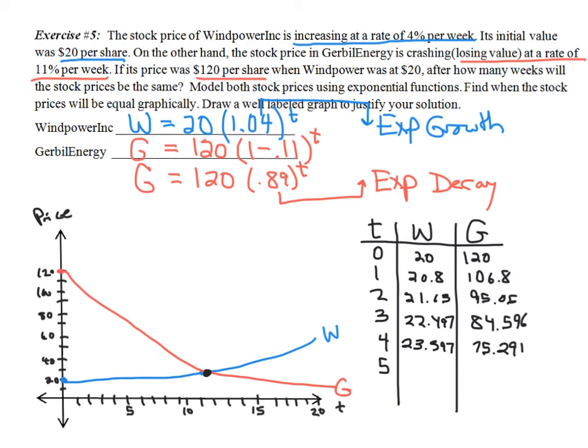Then it says guess, so I'm going to press enter a third time. And what I see on my screen is that the point of intersection is 11.5, 31.4. So that tells me that it takes 11.5, or I'm going to say about 12 weeks in order for the two prices to match.